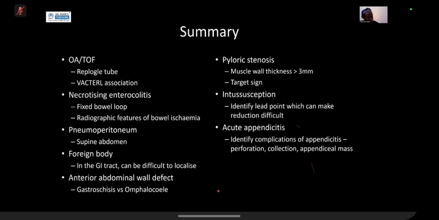We've talked about VACTERL associations, so vertebral body anomalies, anorectal malformations, cardiac anomalies, tracheoesophageal fistula, esophageal atresia, renal anomalies, and limb anomalies. It's important that you review the initial radiographs to look for the vertebral body, cardiac, and limb anomalies, as well as identifying the esophageal atresia and the tracheoesophageal fistula if one is present. And then they'll go on to have renal ultrasound to look for the renal malformations.